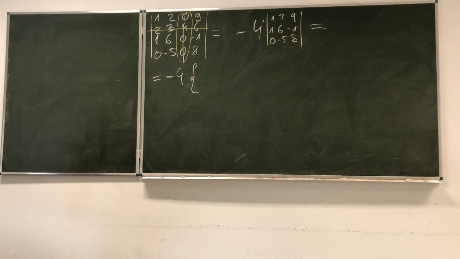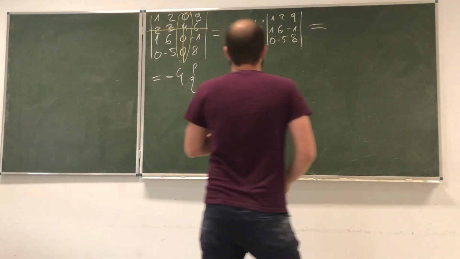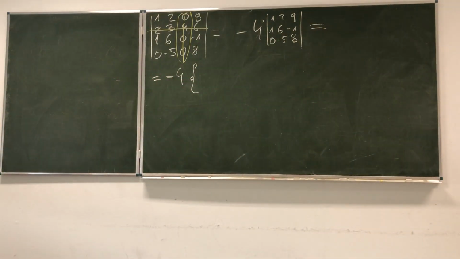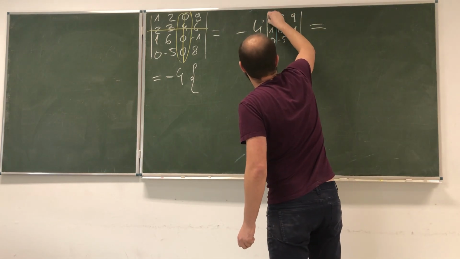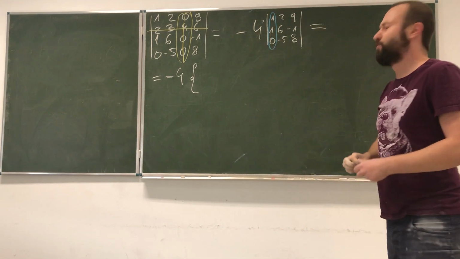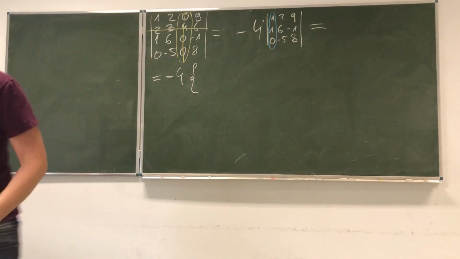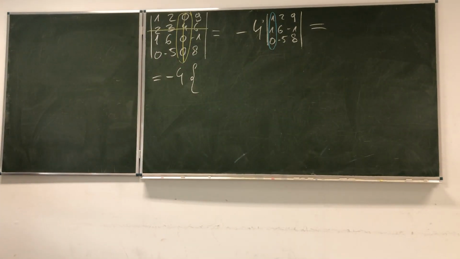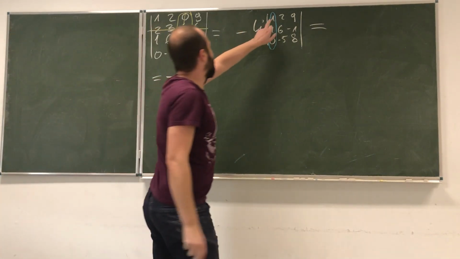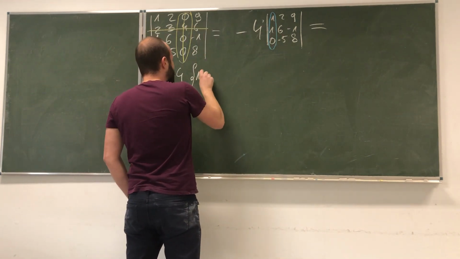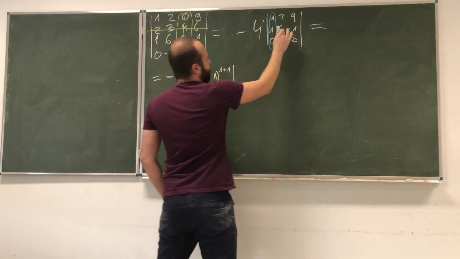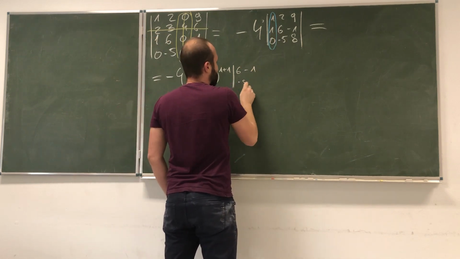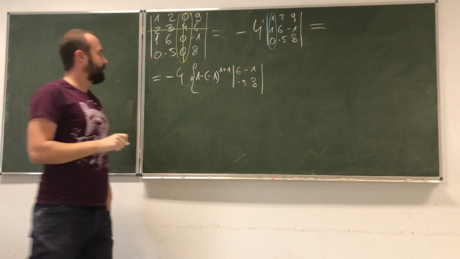Again, we should choose a row or a column. In this case, the easiest column, I believe, would be this one. We've got 0 and 2 1s. Definitely not a very problematic number. So I start here. 1 times negative 1 to the power 1 plus 1, and times the minor, 6, negative 1, negative 5, 8.